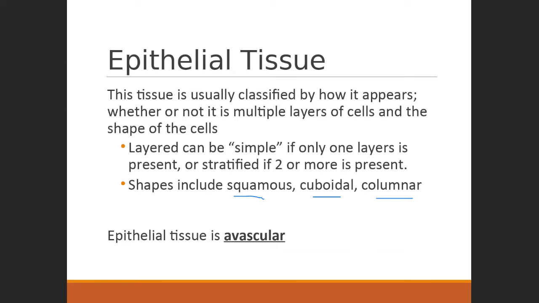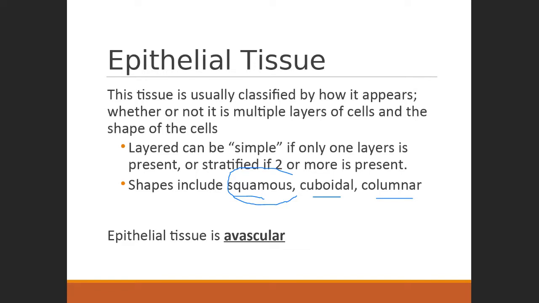Cuboidal, shaped like a cube. They're about as wide as they are tall. Now, please don't look for nice geometric features here. These are still going to have somewhat rounded edges. We're comparing these shapes to the overall dimensions of the cell, not nice 90-degree corners. A squamous cell is a broad, flat cell, extremely thin.